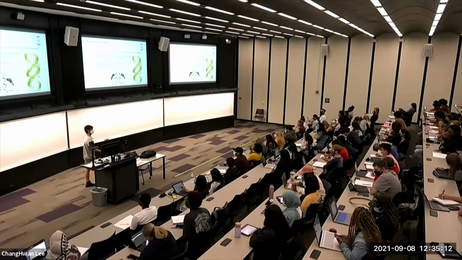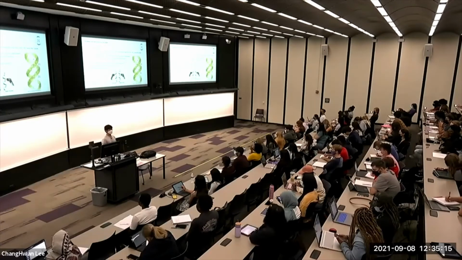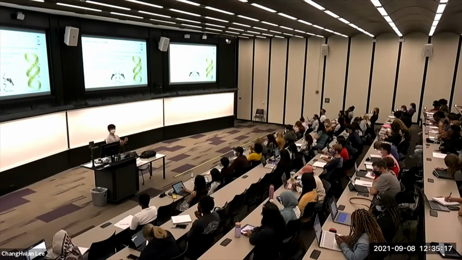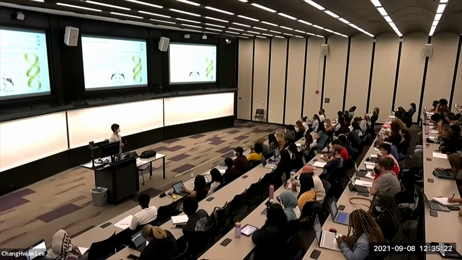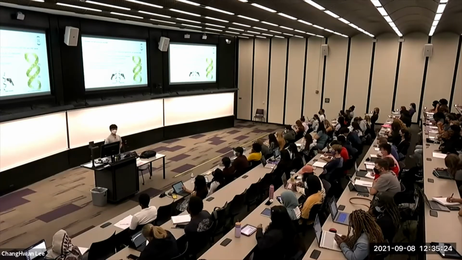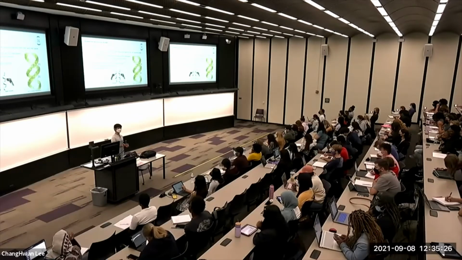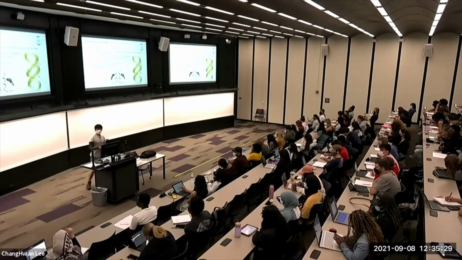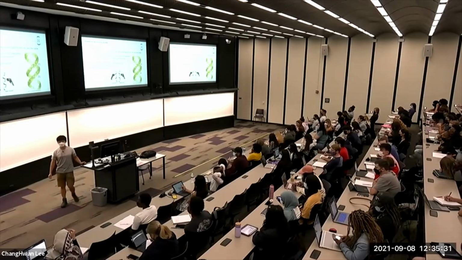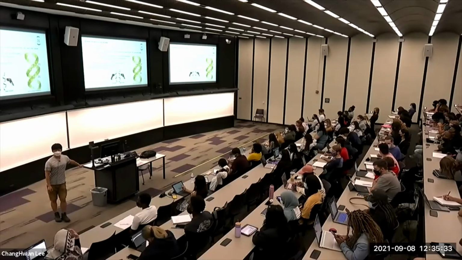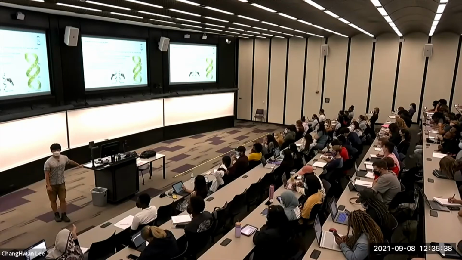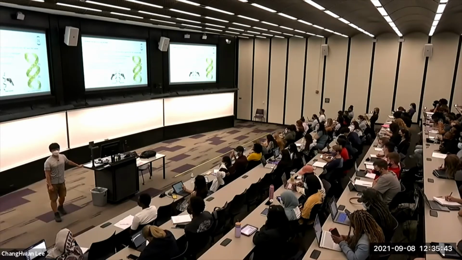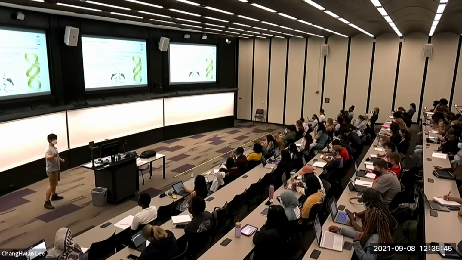Can anyone guess or explain? Okay, A matches T, C matches G. That's Chargaff's rule, that's great. But how is it connected to the double helical structure? X-ray. So it's a good evidence, actually.